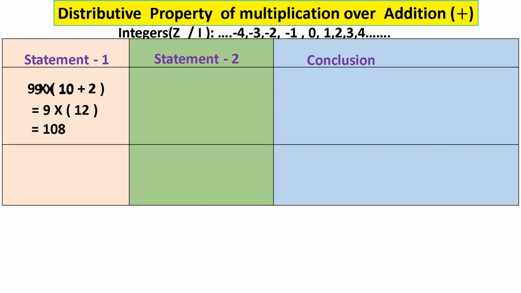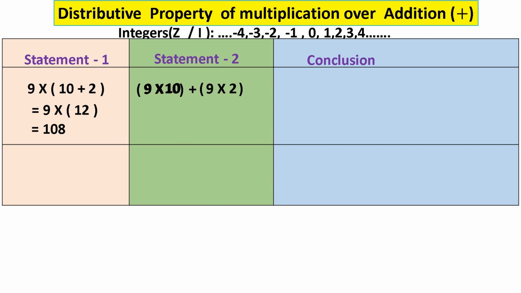In statement 2, 9 into 10 plus 9 into 2. Here we observe that in the second statement, 9 is multiplied by 10 and 9 is multiplied by 2.